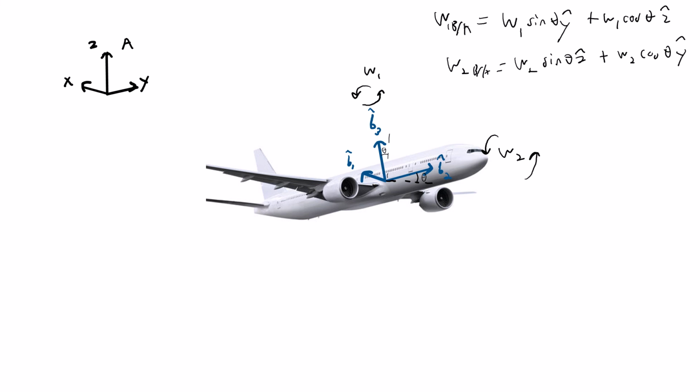And so because these are both angular velocities of the same body, to find the total angular velocity in the A reference frame, we add these two up. So then, I'll show the work down here.